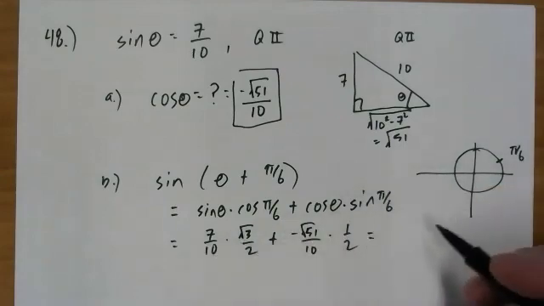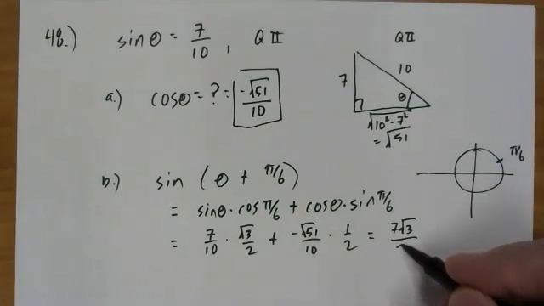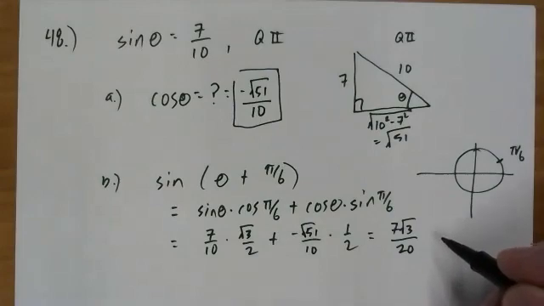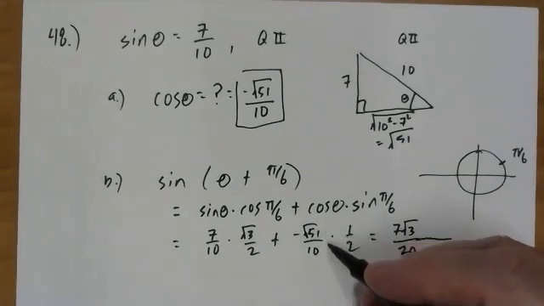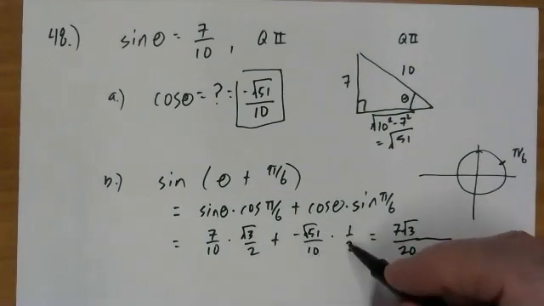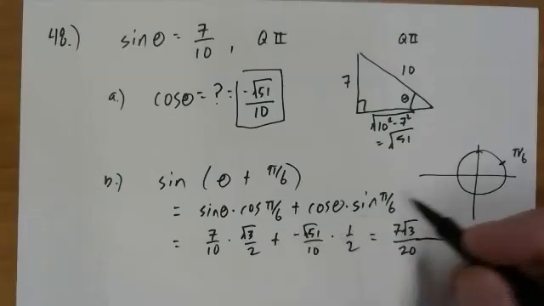When I multiply these 2 fractions, my denominator is 20, so I can add these 2, or actually subtract because I got a negative here.